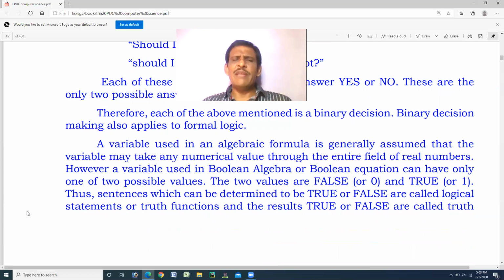However, a variable used in Boolean algebra or a Boolean equation can have only one of two possible values: yes or no, that is, true or false. These two logical values are what the variable can hold in Boolean algebra.